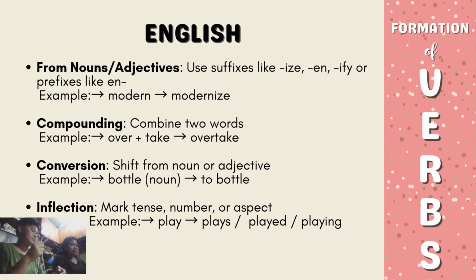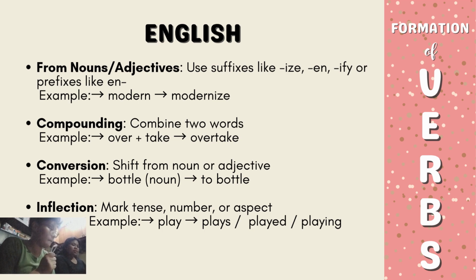So, in comparison, verbs in General American English express actions, states, or events, and are formed through four main methods. The first one is derivation, by adding affixes to nouns and adjectives, as in modern to modernize, or wide to widen.